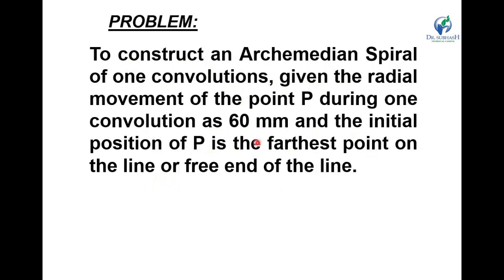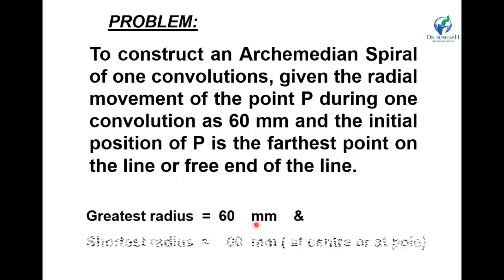So we have to construct the Archimedean spiral for one convolution, that means one revolution of 360 degrees, and the distance is 60 mm. The greatest radius of this spiral is 60 mm and the shortest radius, the minimum radius, is 0 mm at the center, at the pole.